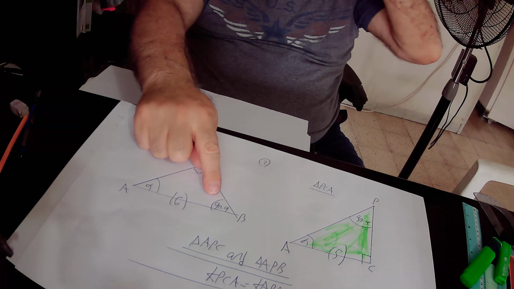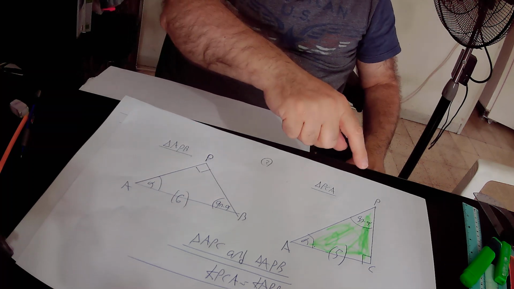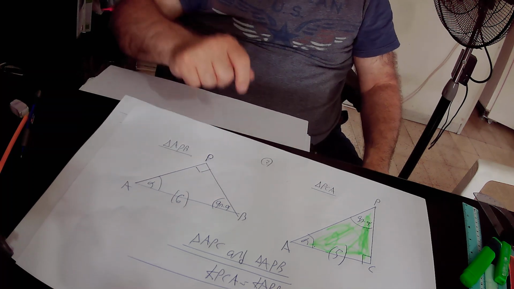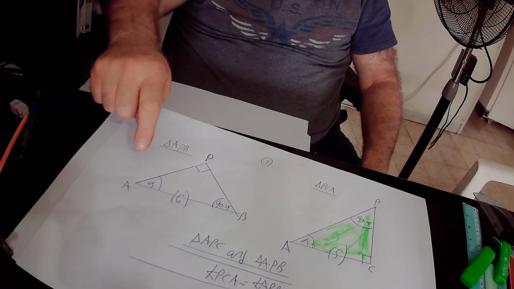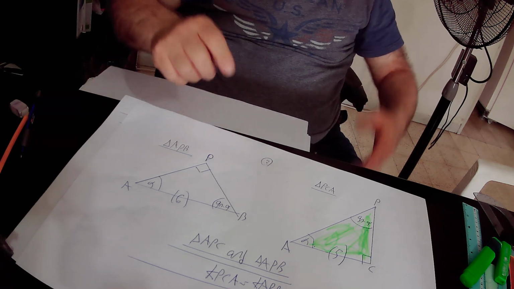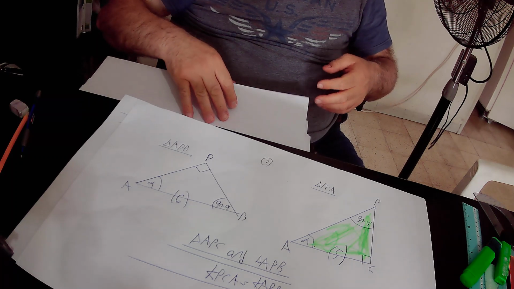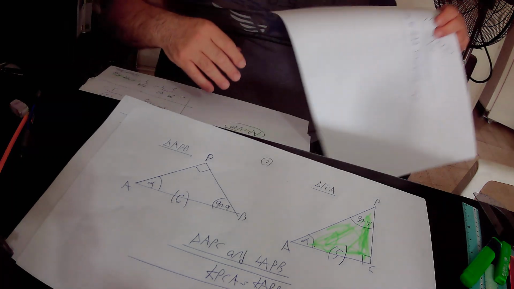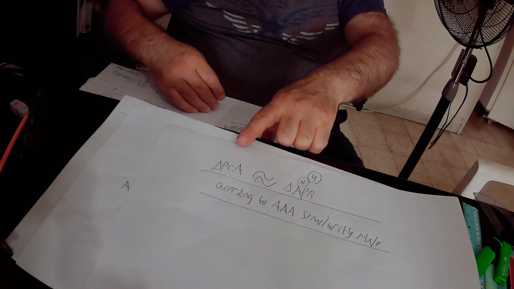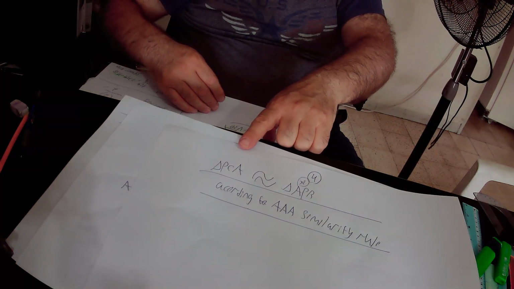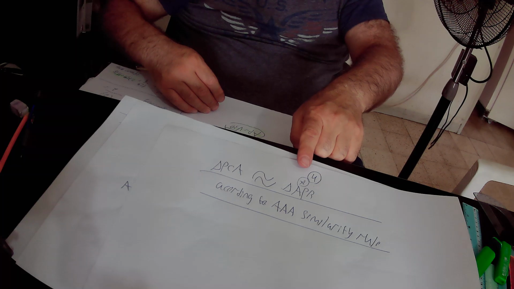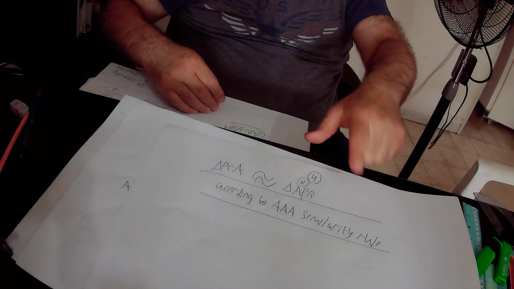So I actually proved that all the three angles of the right green triangle PCA are correspondingly equal to all the three angles of the right triangle APB. Therefore, those two right triangles are similar to each other according to angle similarity rule. Okay, again, the green triangle PCA is similar to the white triangle APB according to angle similarity rule.